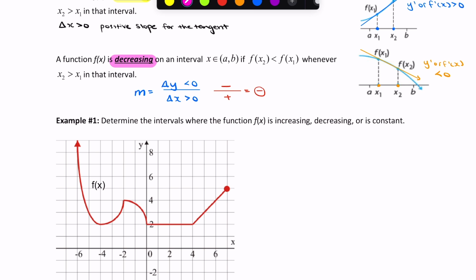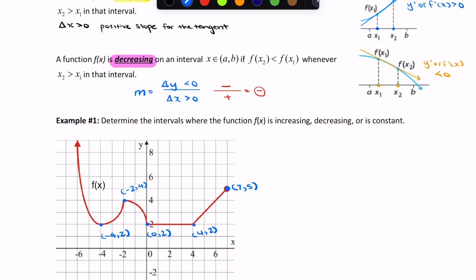If we look at our section, we'll label the points: label this point at -4 and 2, label this point -2 and 4, label this point 0 and 2, this point 4 and 2, and then the last point at 7 and 5.